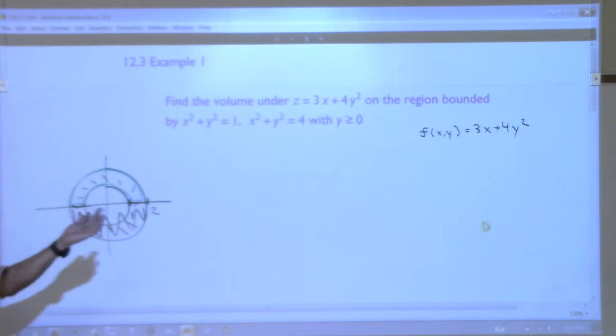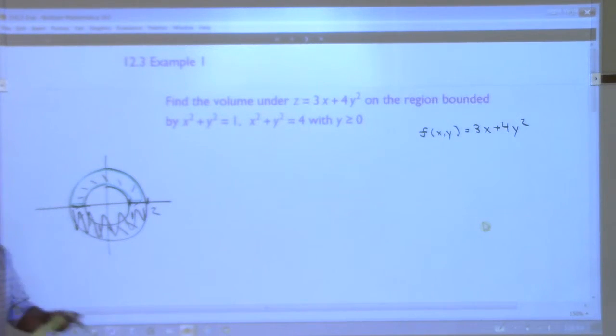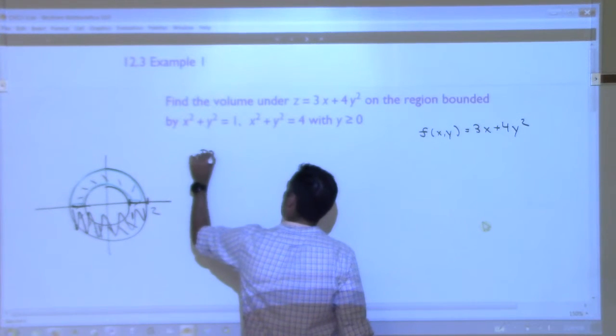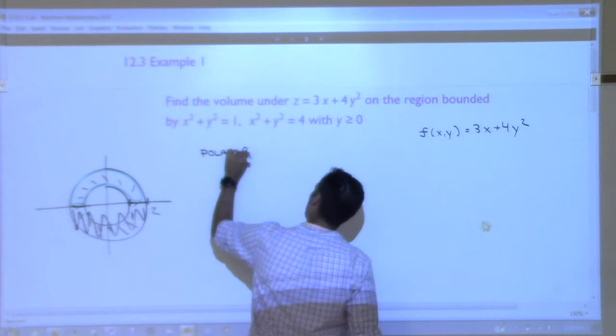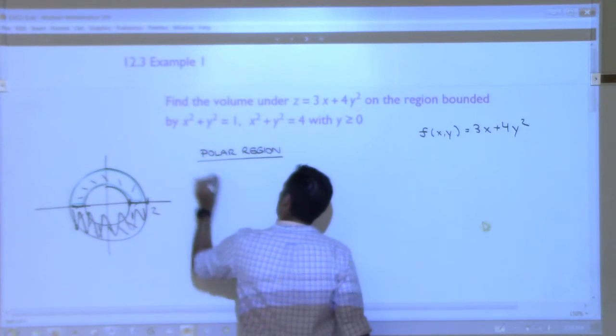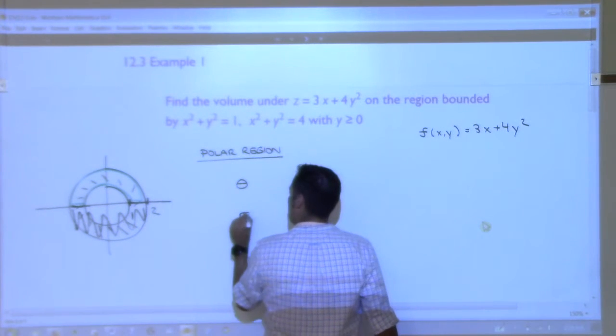Now, do you want to go after that as a type 1 or type 2 Cartesian? No way. You don't want to mess with it. This is a perfect polar rectangle, isn't it? So if it's a polar rectangle, this is a polar region. As a polar region, you need to tell me the restrictions on theta and r.